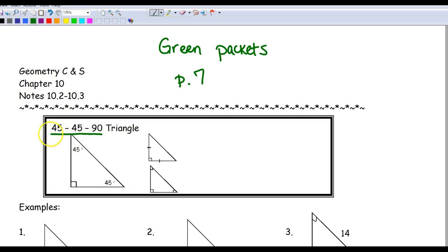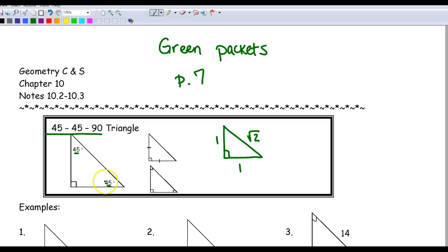Yesterday we talked about 45, 45, 90 triangles, and we talked about how if you have a triangle that has the 45 degrees in each of the corners and then the right angle, we can use this little triangle with the 1, 1, root 2 to help us set up proportions and to solve for missing sides.